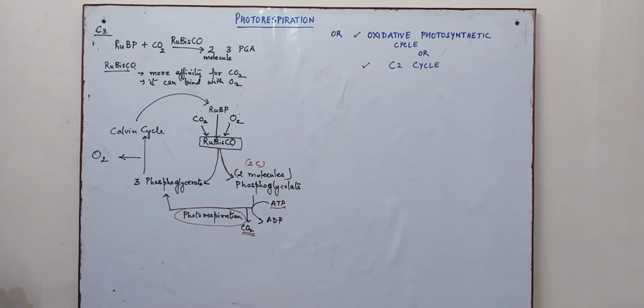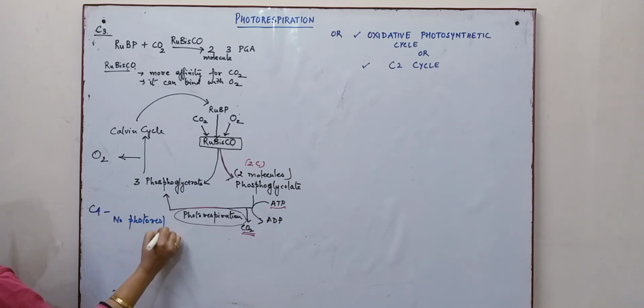When we talk of the C4 plants, there is no photorespiration taking place, because they have a mechanism by which they increase the concentration of carbon dioxide at the enzyme site.